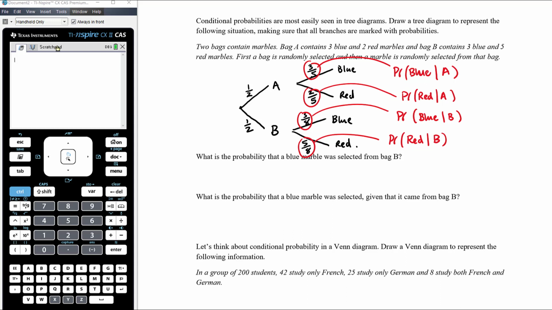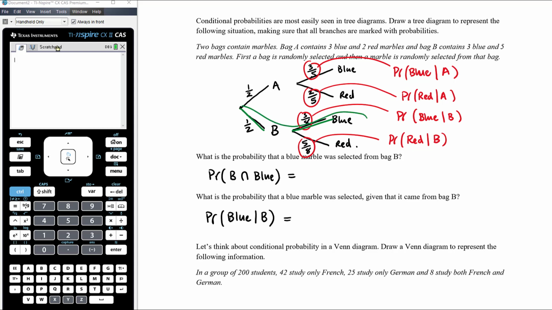So the difference here is that the first question is asking you to find the probability that your marble came from bag B and was blue. The second question is asking you, what is the probability that you got a blue marble given that you know it came from bag B? And they're not the same thing. The probability of choosing a marble that is blue from bag B is 1/2 times 3/8.